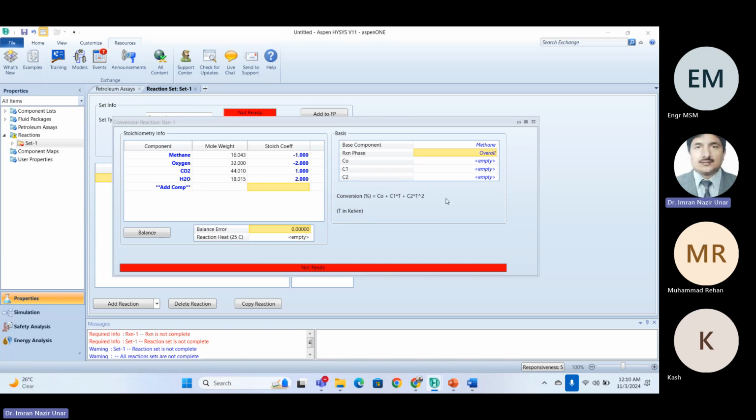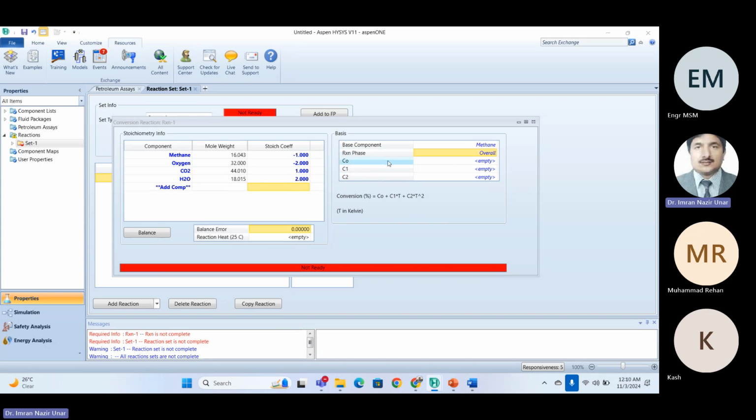It means this is a quadratic equation of temperature, a temperature dependent quantity. If you say that initially methane is converted only 10 to 20% by default, then the rest of the conversion is dependent on the temperature.